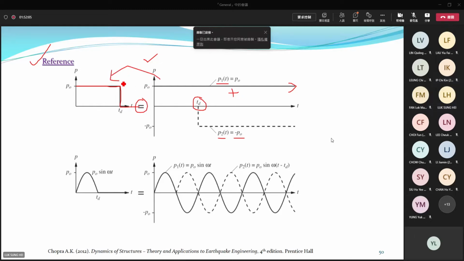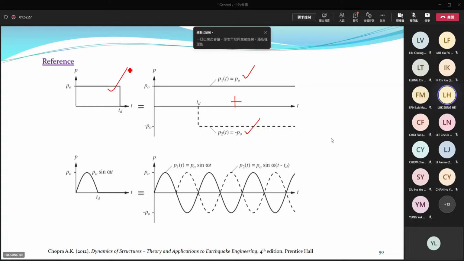You can use this idea, superpositions, to find out the result of something. Firstly, find out the result due to the first step force, and then find out the result due to P2. Superimpose the result together, then you can get the result due to this rectangular pulse. This idea is called superpositions.